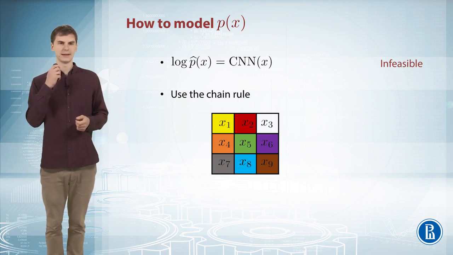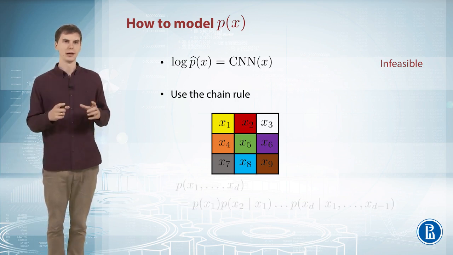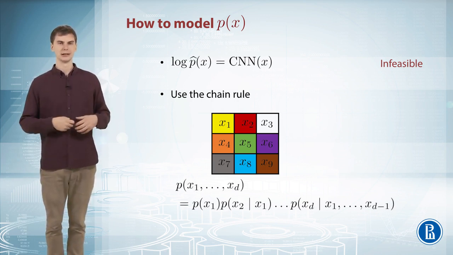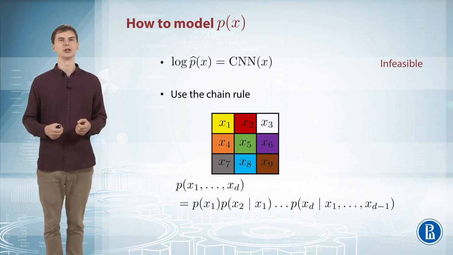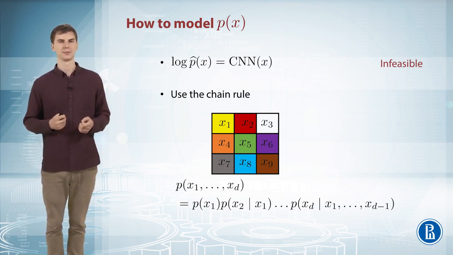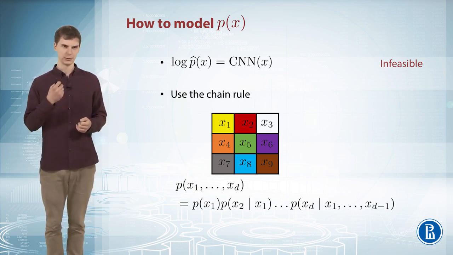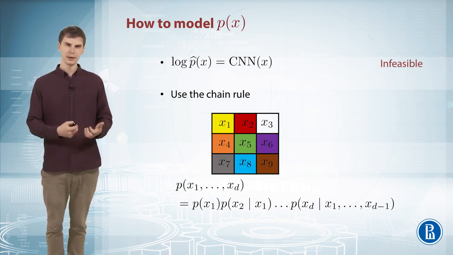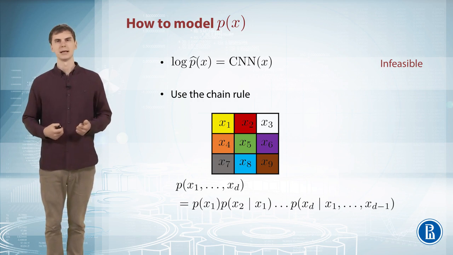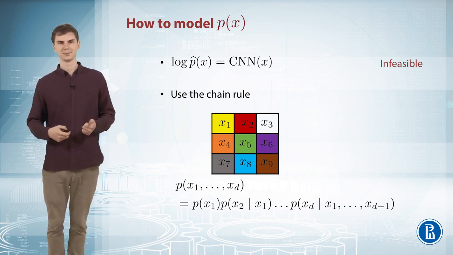And then you can say that the distribution of this whole image is the same as the joint distribution over pixels. And this joint distribution decomposes into the product of conditional distributions by the chain rule. So the distribution of the whole image equals the probability of the first pixel, marginal probability, times the probability of the second pixel given the first one, and so on.